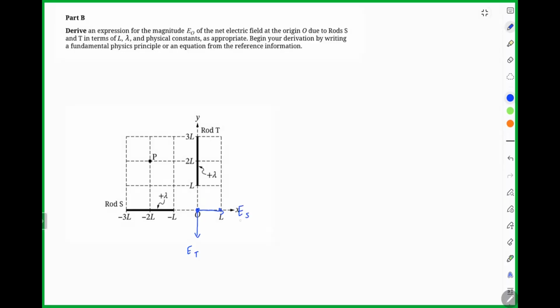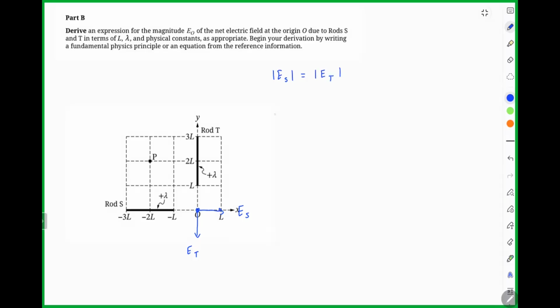So all we need to do is to find the magnitude of one of those electric fields, and then we'll automatically have the magnitude of both. Magnitude of E_S is equal to magnitude of E_T, and we can avoid doing the same problem twice.